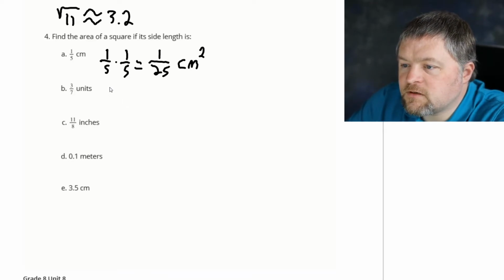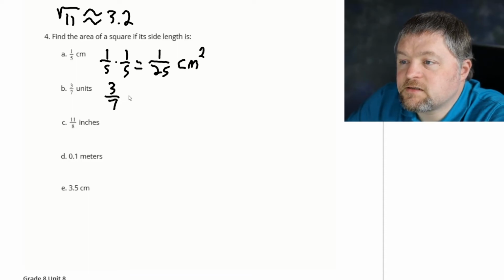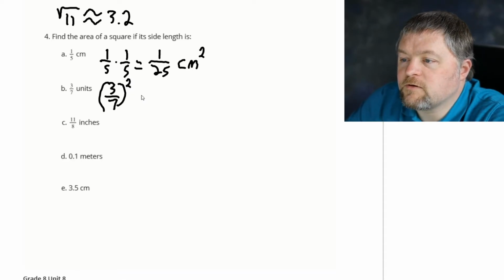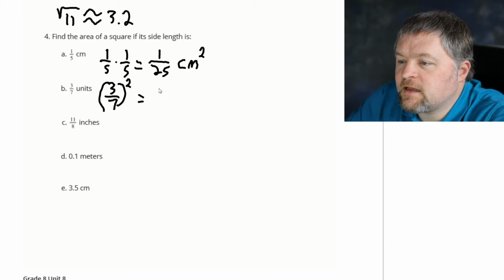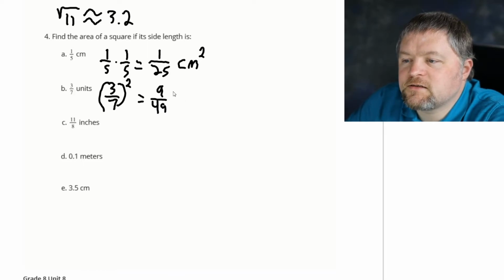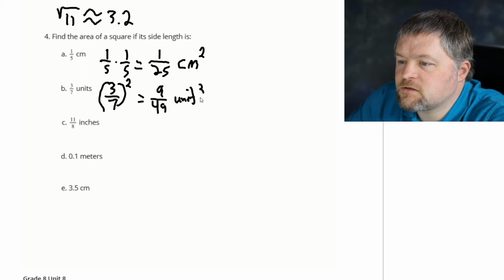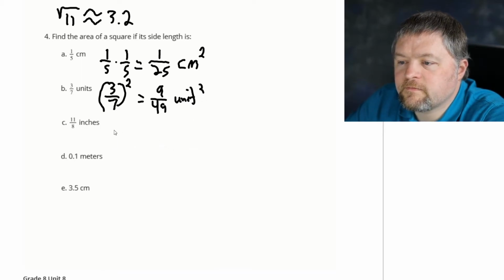Our next one is 3/7. To find the area, we square it. 3/7 squared is 9/49. Unit squared.